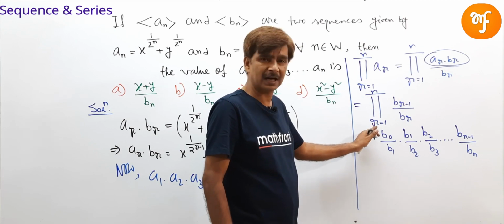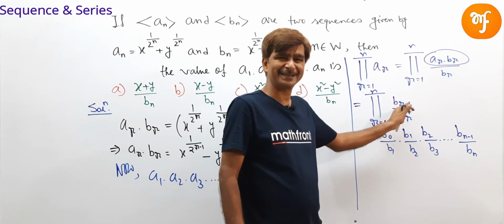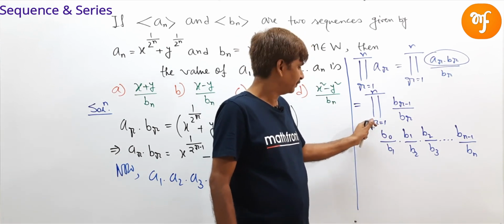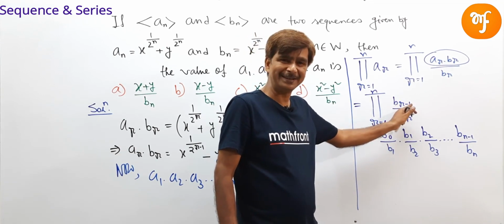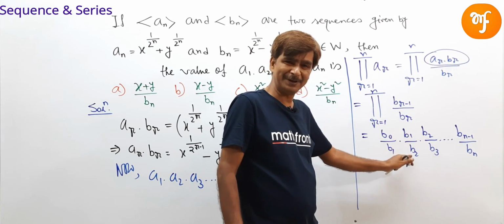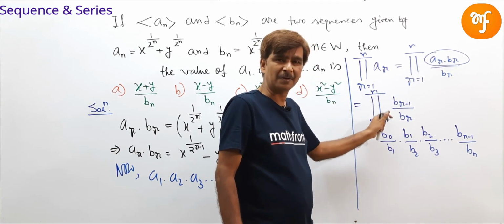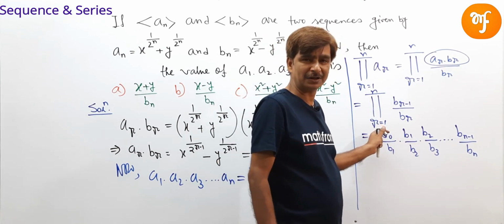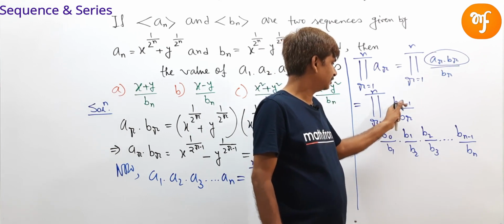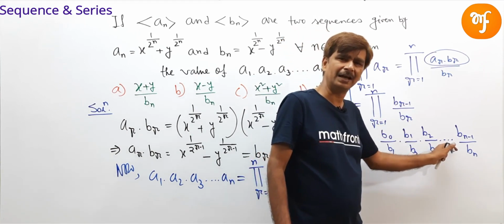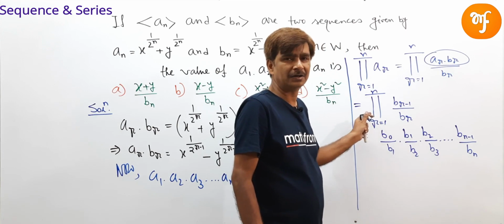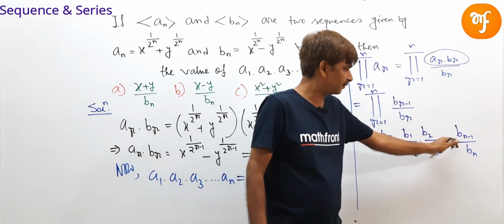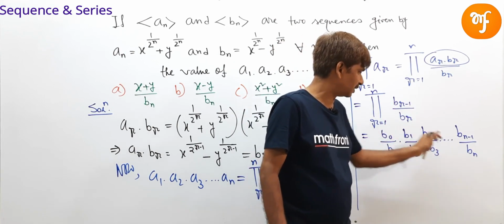Just we put first r equal to 1, we get b1 minus 1, that is b naught divided by b1. Then put r equal to 2, we get b2 minus 1 divided by b2, that is b1 by b2. Then due to presence of this pi sign, we have to put again a multiplication sign. Then put r equal to 3, we get b2 divided by b3 like this, and we will continue till r equal to n. Then when we substitute r equal to n, the last factor will be b n minus 1 divided by b n.